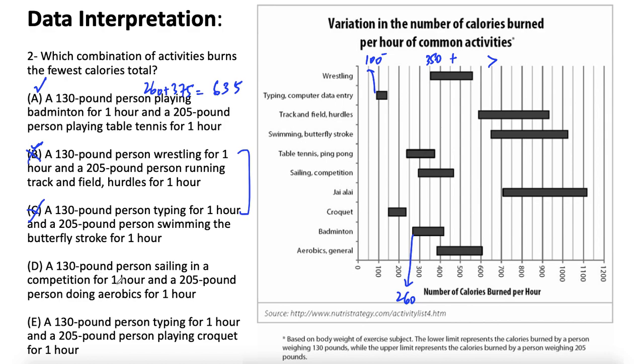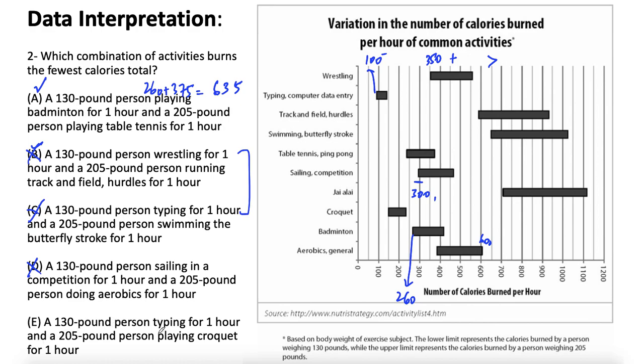A 130-pound person sailing in a competition for 1 hour. That will be something closer to 300, so approximate this to 300. And 305-pound person doing acrobatics for 1 hour, that is something closer to 600. And again, this will exceed the first one. This is not possible.